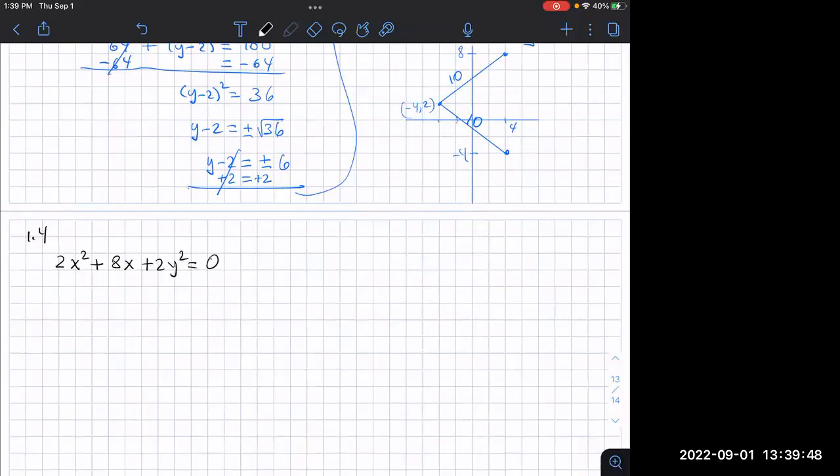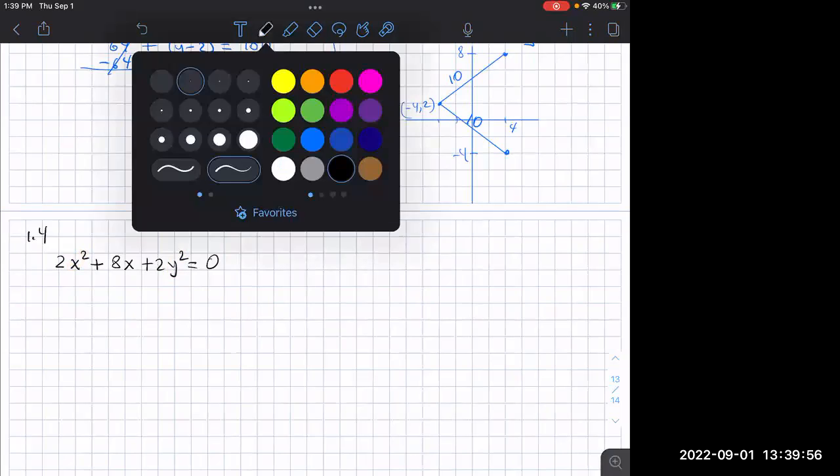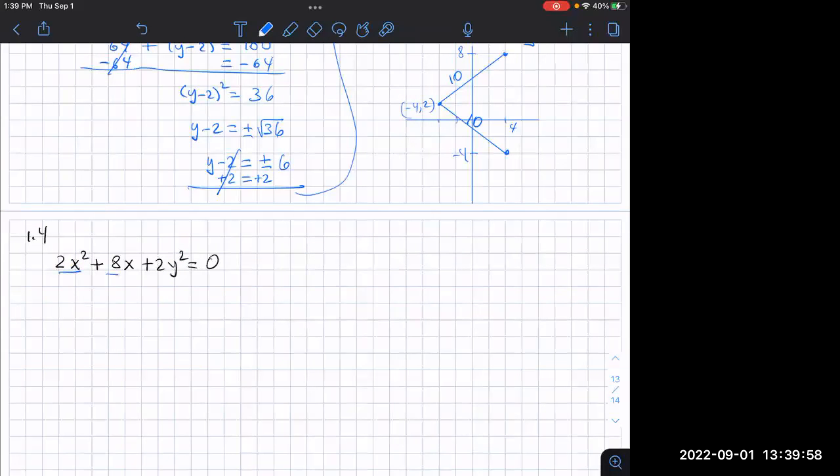So the coefficients of x² and y² are both 2, so we have to get rid of that. We divide every single term by 2. So we get x² + 4x, leaving a space to complete the square, + y² = 0.